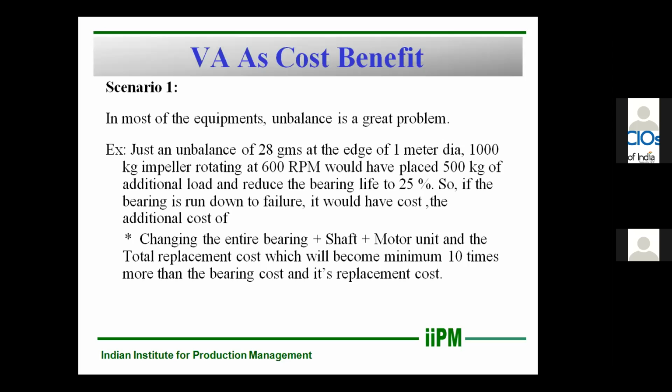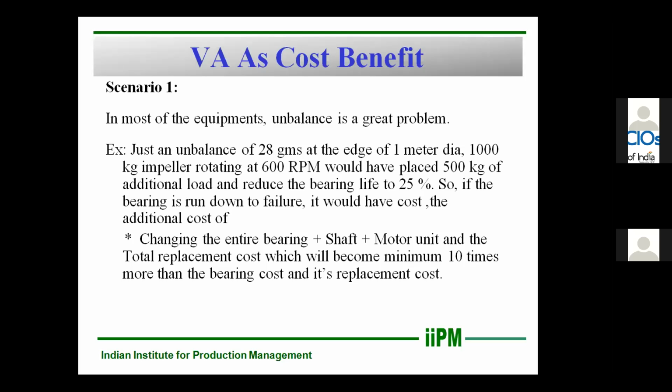Now see a practical example of how vibration analysis can be a cost benefit. In most equipment, unbalance is a great problem. Suppose you have an impeller which has an unbalance of 28 gram at the edge of a 1 meter diameter.